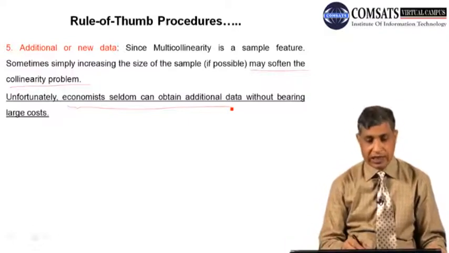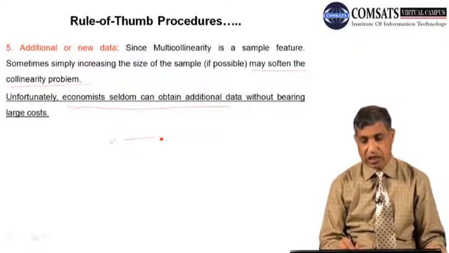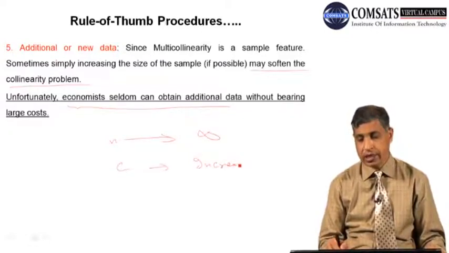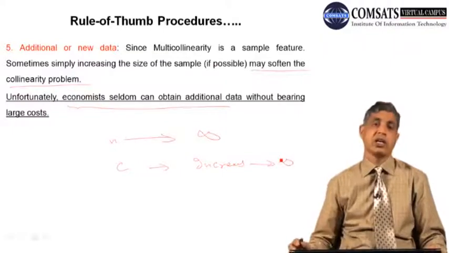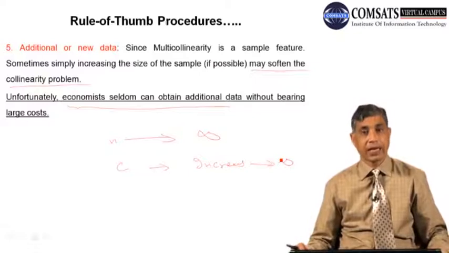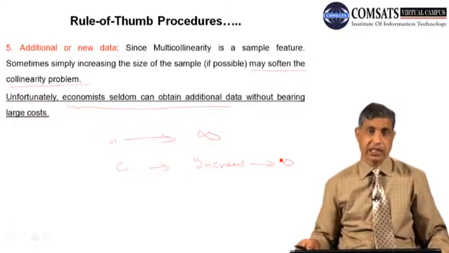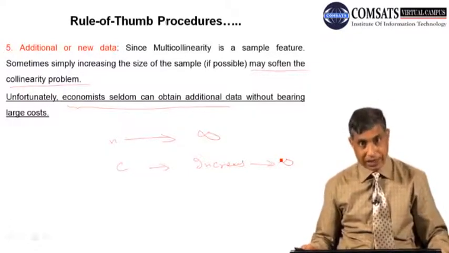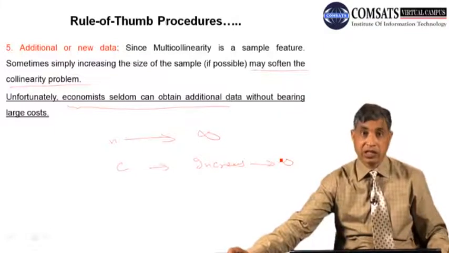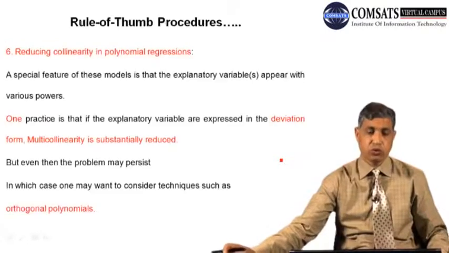So as you increase the observations, and it goes to infinity, cost will also increase, and I can say it may go to infinity. So this is a very easy rule of thumb, but at the same time the problem with it is that sometimes the new data is not available, and sometimes the data is available but it is very costly. So now it is up to you which of these you use.